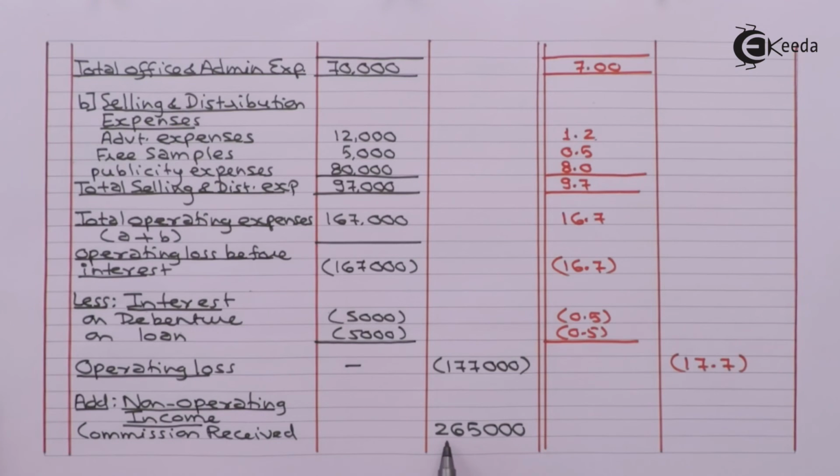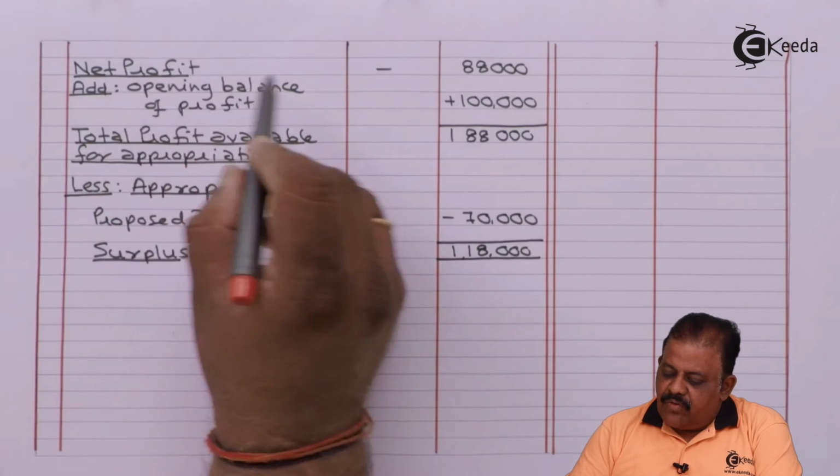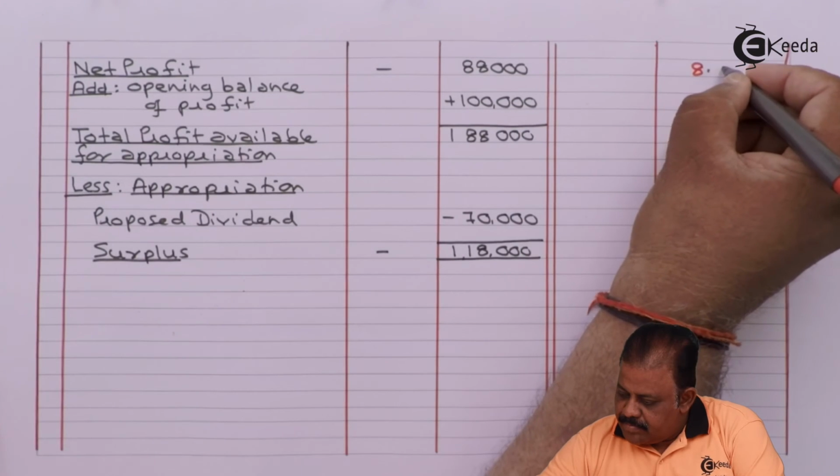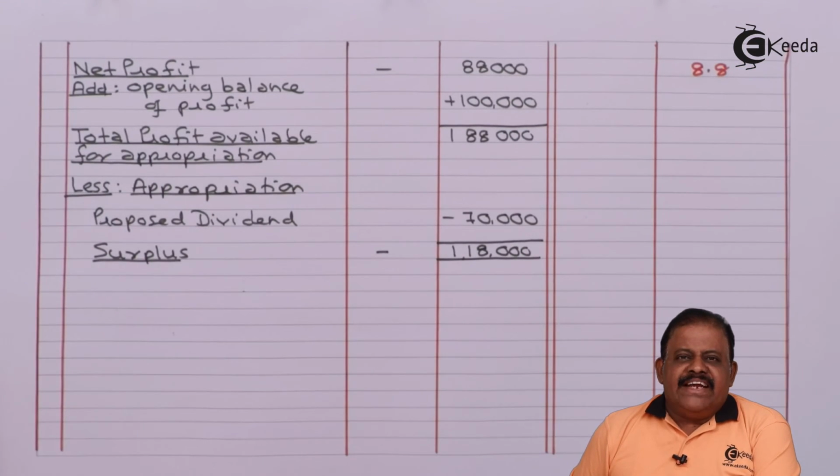Commission received 2,65,000. It is 26.5%. Net profit 88,000. 8.8%.